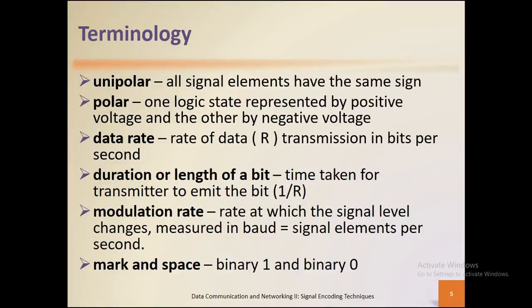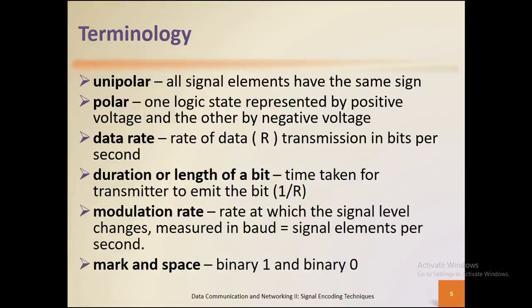Whereas the data rate is the full transmission of a particular message, the duration or length of a bit is usually the time a single bit takes to transition from one bit to another. And that's very important in determining the speed of a given transmission or a given message that's been digitized.